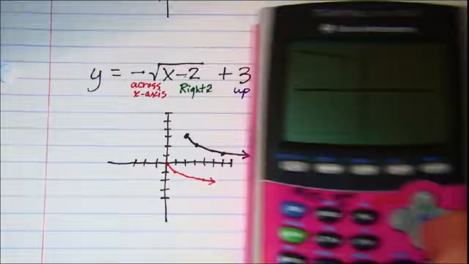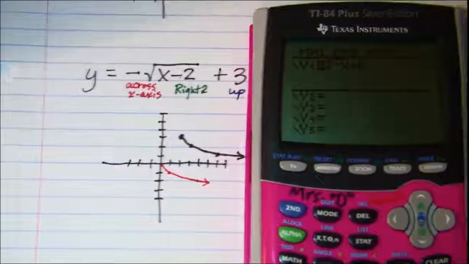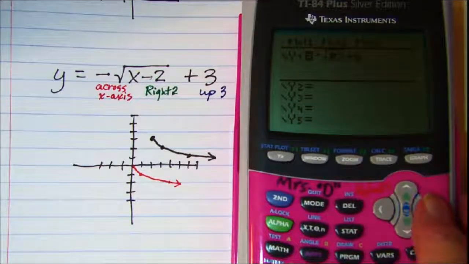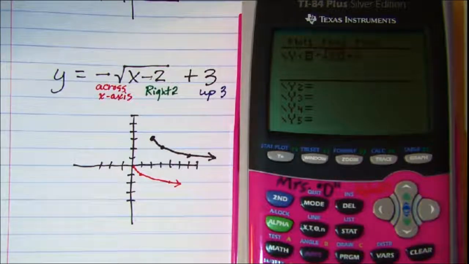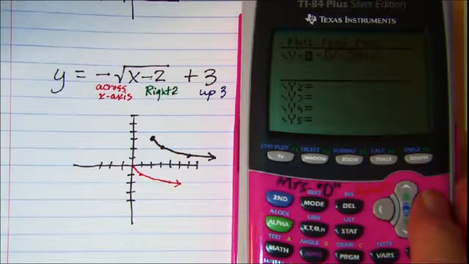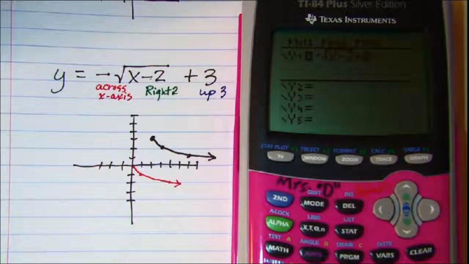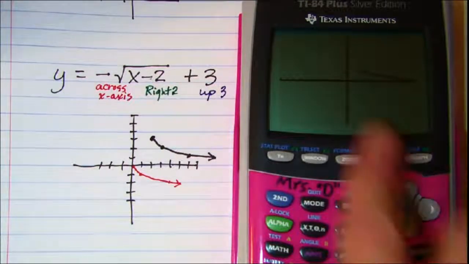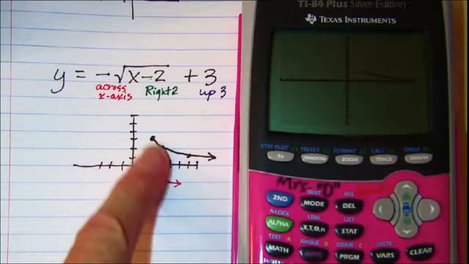Now if we look to see if that's what it looks like, I have a negative out in front, and then x minus 2, and then plus 3 on the end. And that's my black curve right there.